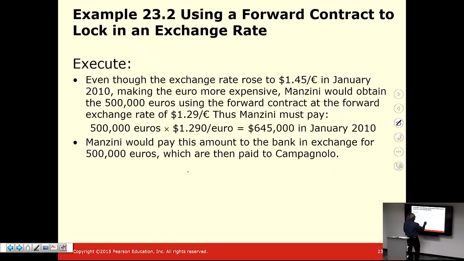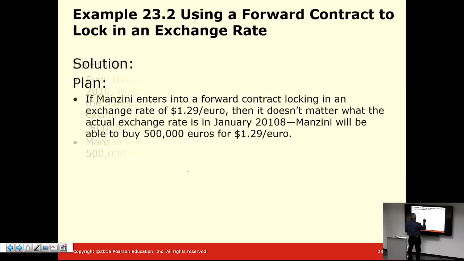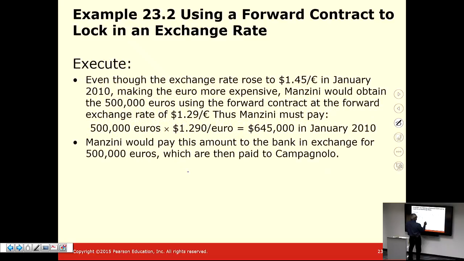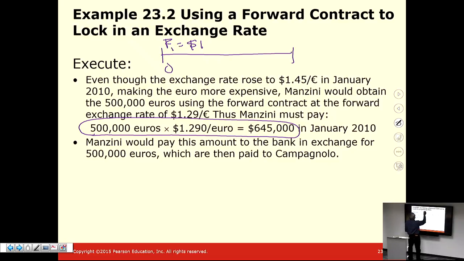So the exchange would be here. This would be 500,000 euros. So at time 0, you enter into a forward contract for a price of 1.29 per euro. Then a year from now, you exchange dollars for euros.